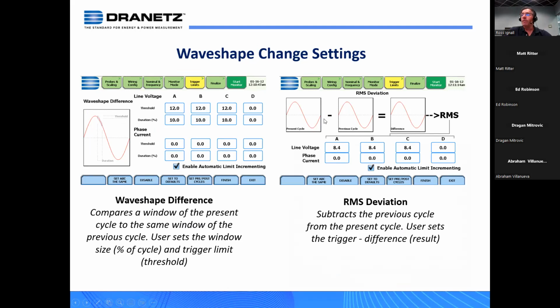So it's very similar to this method, which subtracts the entire cycle, and you look at the difference, except this is just dividing that cycle into various windows. So if I set the duration to 100%, it's basically the same algorithm, because I'm evaluating that entire wave shape. A little bit complicated, but once you understand it, it's fairly basic in how to do it, okay?